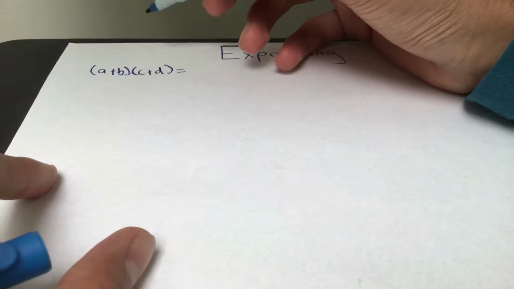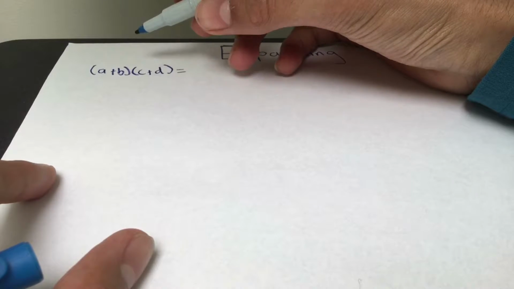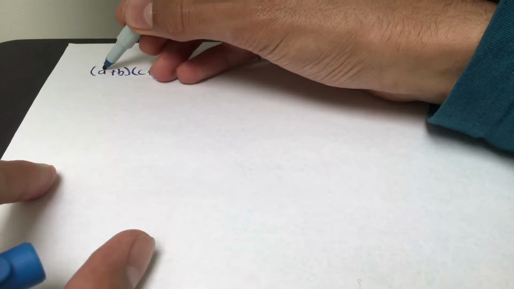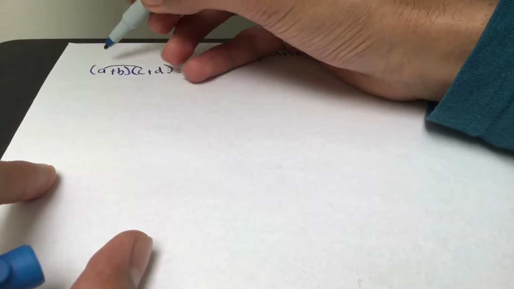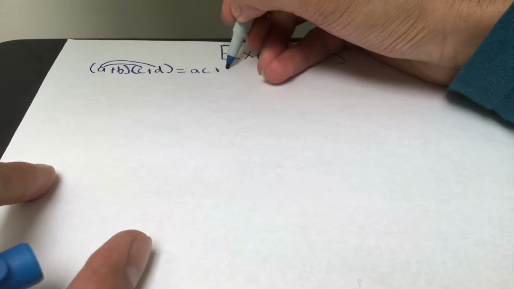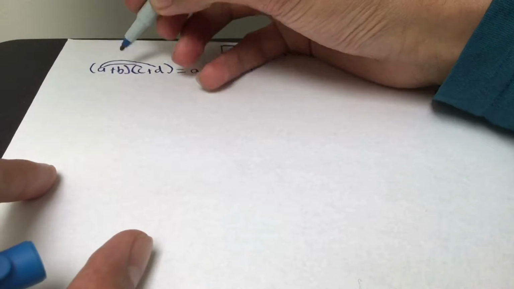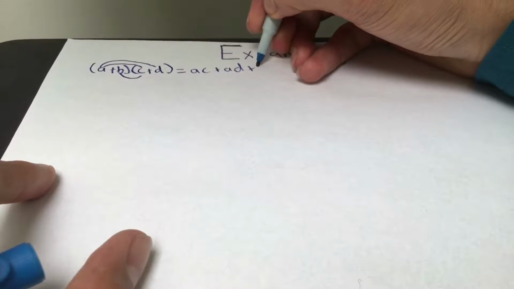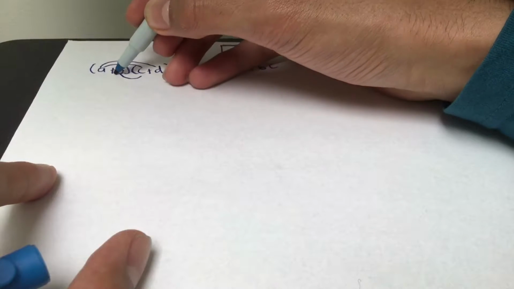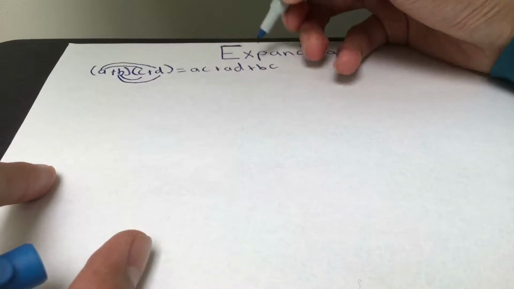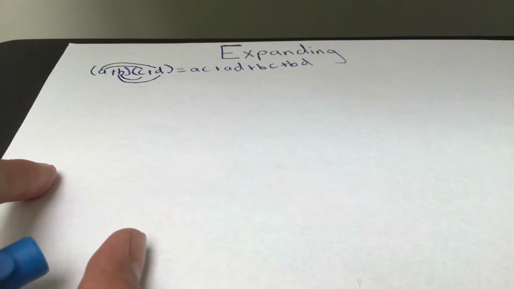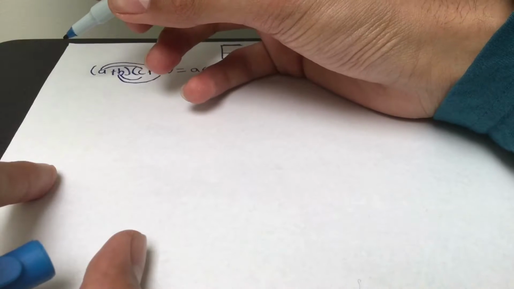By doing this, we need to times A by C, which gives us AC, and then A times D, which is AD, and then B times C, BC, and B times D, which is BD, which is our answer.